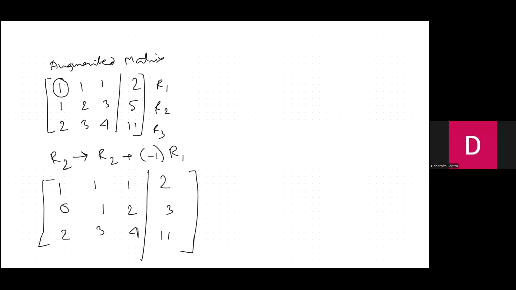That is our step 1. Now in the new matrix, the second value of the first column is 0, but the last value of the first column should also be 0, and now it is 2, so we have to make it 0.